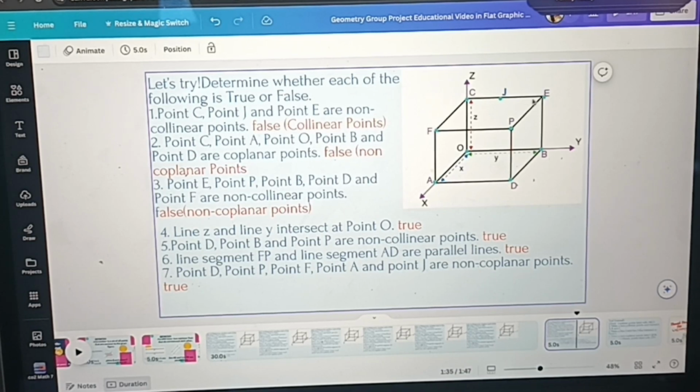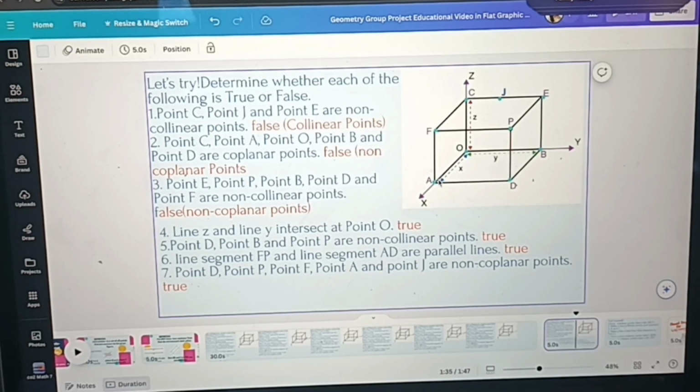Now, number 2: point C, point A, point O, point B, and point D. As you can see, if you connect them, they will form a plane, together with point D. Let me repeat: point C, point A, point O, point B, and point D. Four points form a plane, together with one point outside.